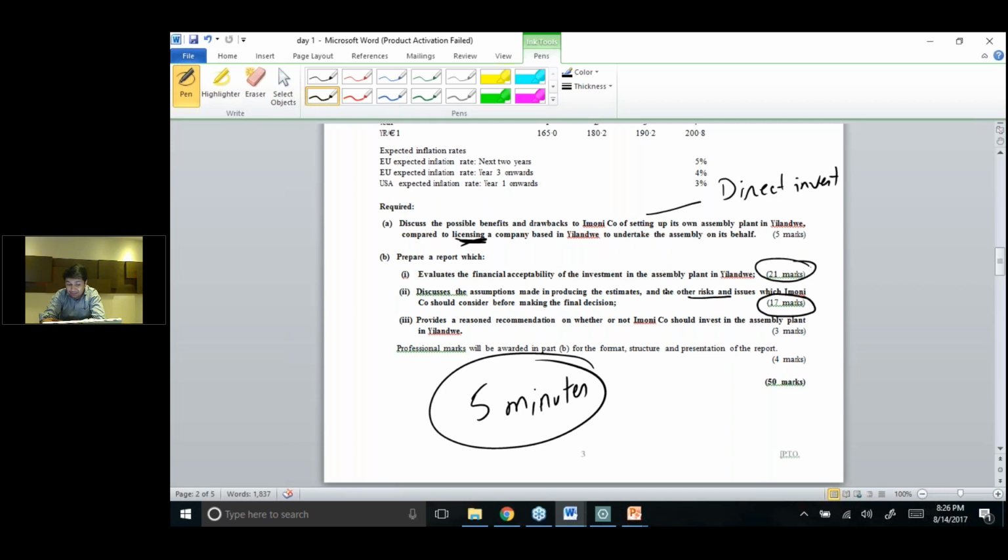Provide a reasoned recommendation on whether or not the company should invest in the assembly plant in Yelendeep. 3 marks are allotted for the reasoned recommendation. Professional marks will be awarded in part B for the format, structure, and presentation of the report.